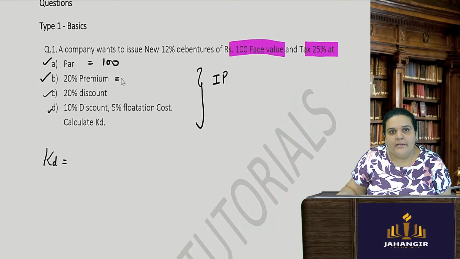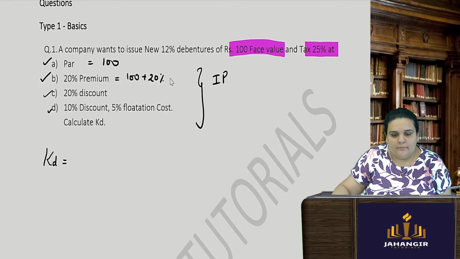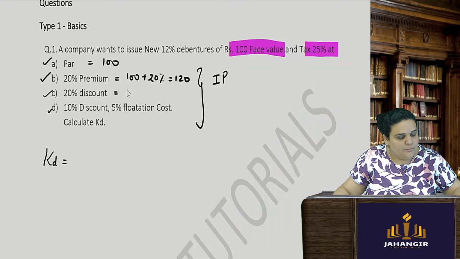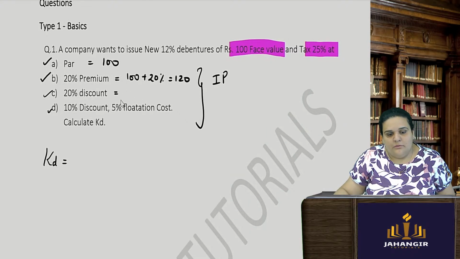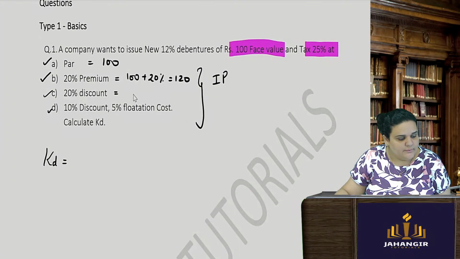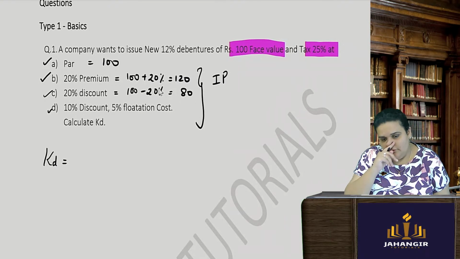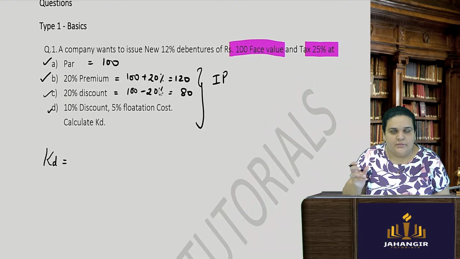At a premium of 20% means 100 plus 20%, so 120. At a discount of 20%, the issue price changes again. It will become 100 minus 20, so 80. And in the last there is discount plus flotation cost. We will see what to do to find the issue price.